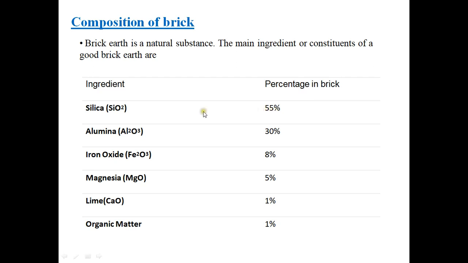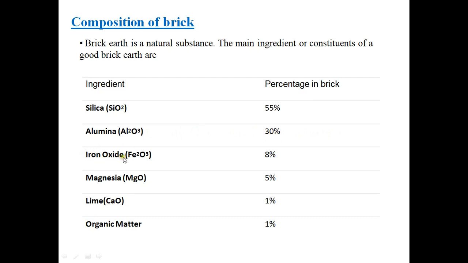It is not only 55, it may vary from 50 to 60%. Next is alumina. The chemical formula for alumina is Al2O3, and it makes up 30% of the earth material.